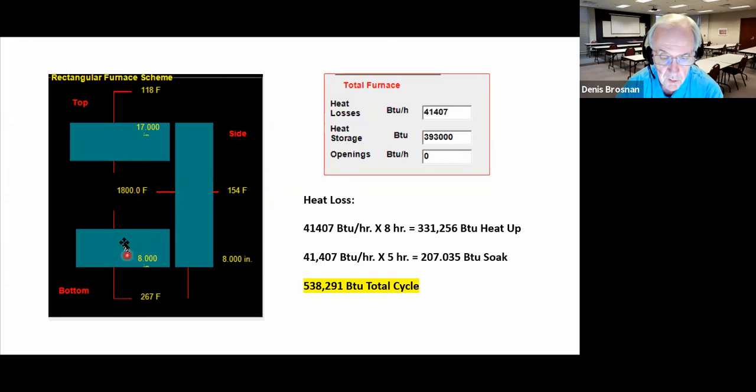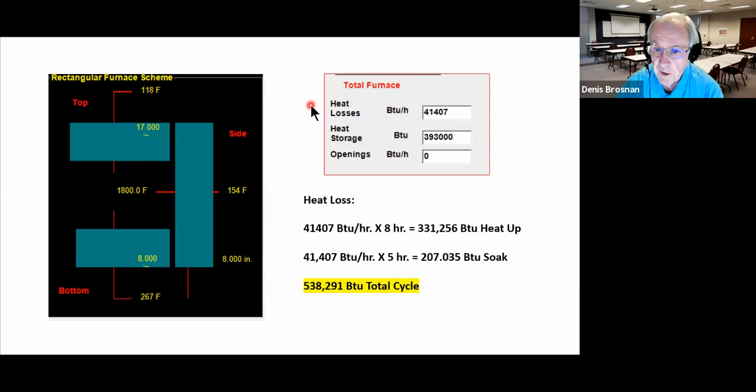Of course, the hearth of the furnace, the bottom of the furnace, is refractory castable, which has a pretty high thermal conductivity, and that's shown by the high temperature on the backside of the bottom of the kiln car. Now, 267 is fine for carbon steel, and so that's fine, and the likelihood of anybody touching the bottom, there's just no clearance for a person to somehow get underneath that, is nil.